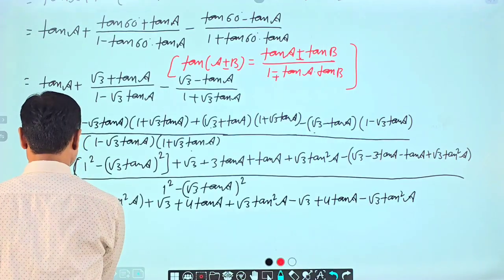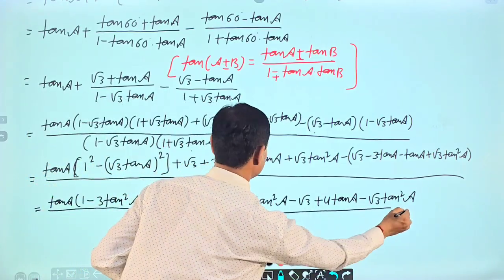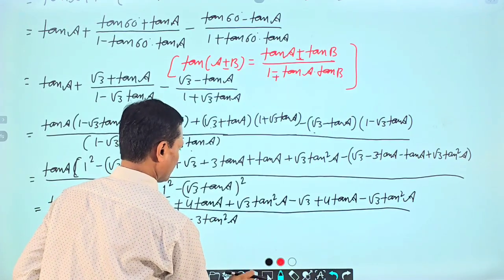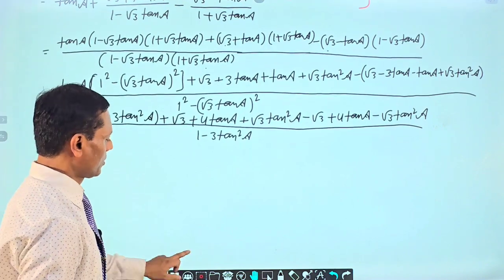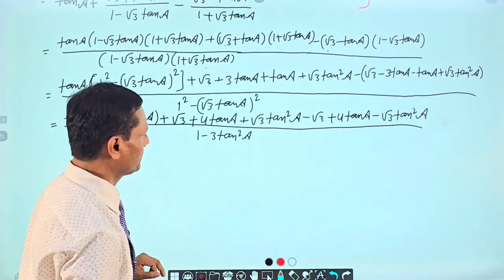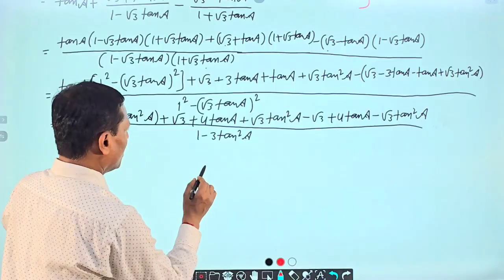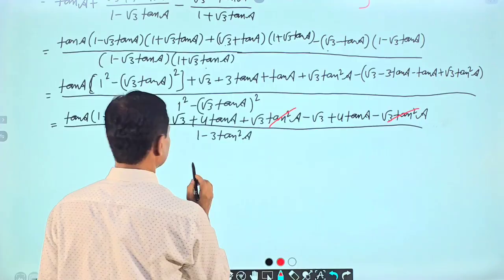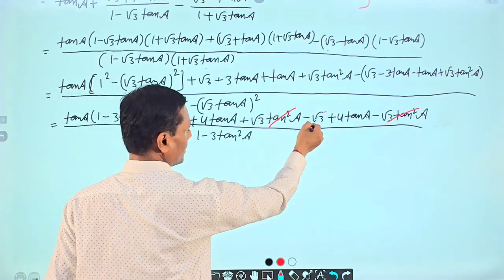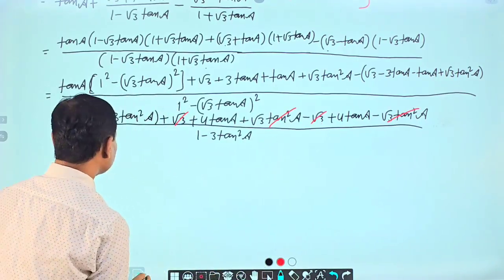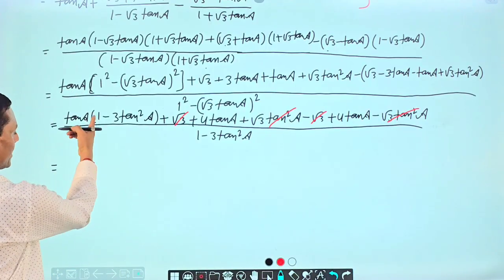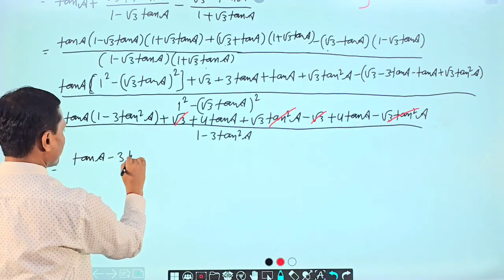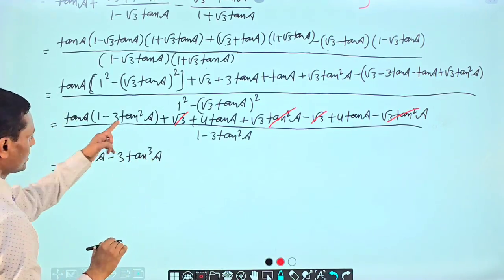Okay, and now at the denominator we have here 1 minus 3 tan square A, correct. Okay, after that, see carefully here. Root 3 tan square A plus and root 3 tan square A minus, we can cut, isn't it? Root 3 plus and root 3 minus, that also will be cancelled. Remaining part we have here, open the bracket, tan A into 1, tan A, minus, we write 3 tan cube A, is correct.